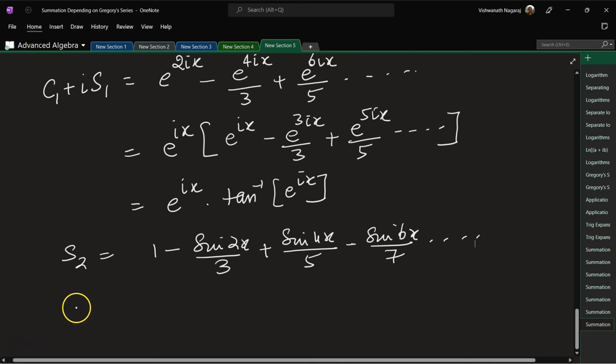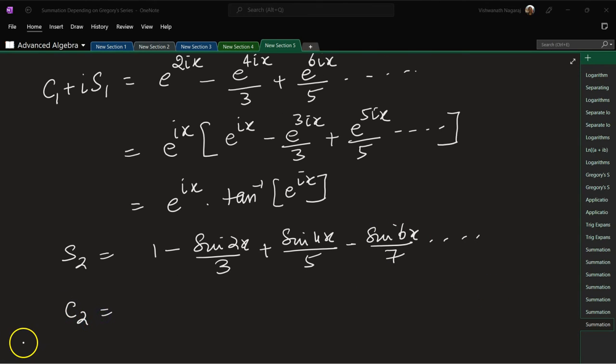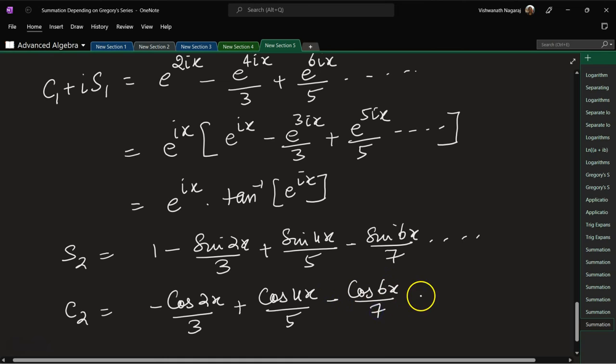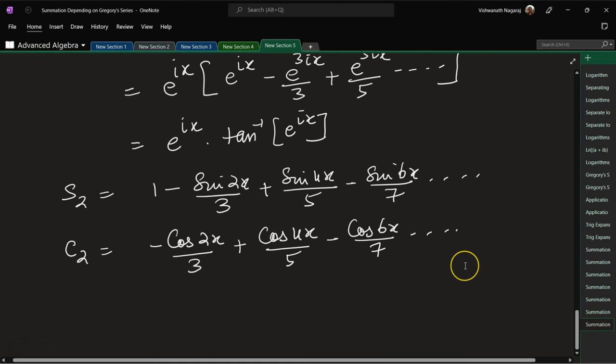What do we do now? The cosine series C2 would be minus cos 2x by 3 plus cos 4x by 5 minus cos 6x by 7 and on and on.